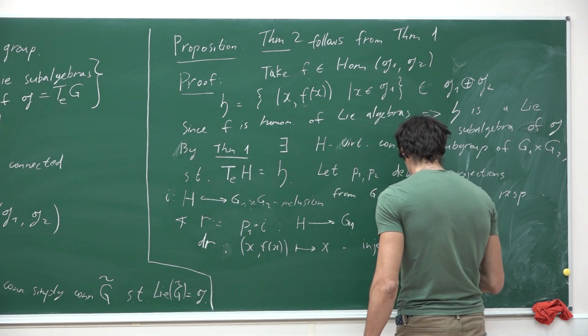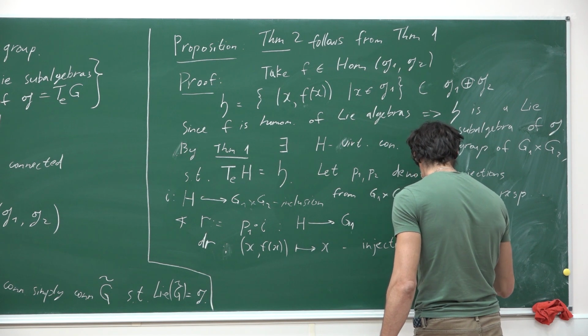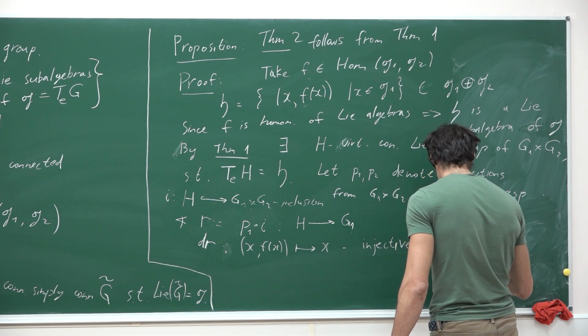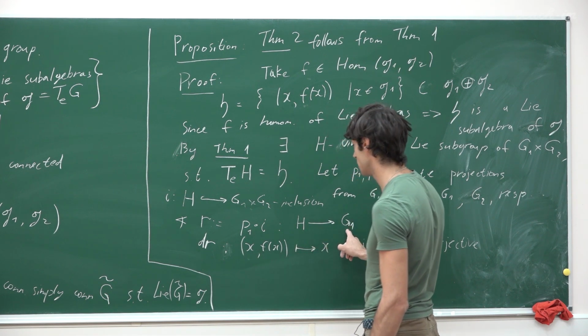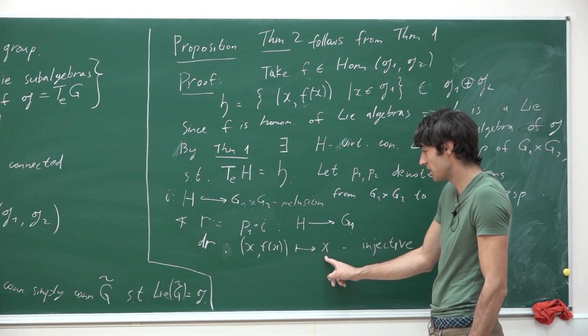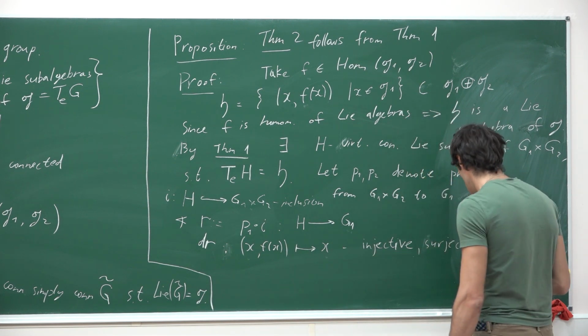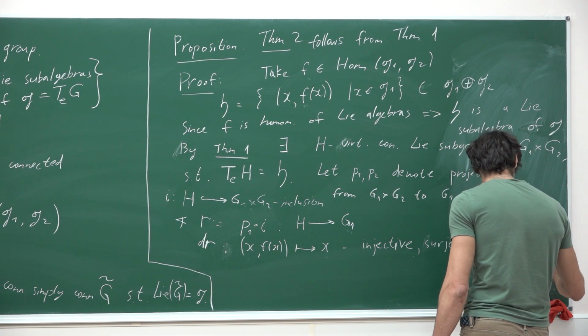Actually, surjective as well, right? I can take any x from dg1 here and obtain any x in dg1 like that. So dr is an isomorphism.